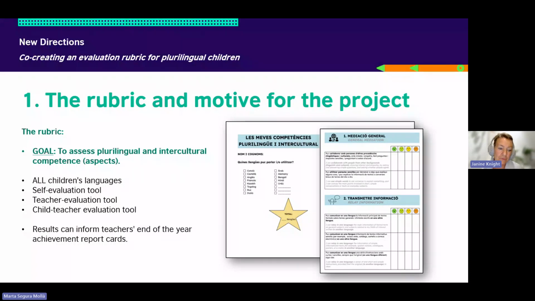And we also wanted it to have potential that both children and teachers could evaluate together. In addition, this meant that the results could inform the teachers' end of year achievement record cards that were sent out to the families. And by doing so, the school could officially recognise all languages.